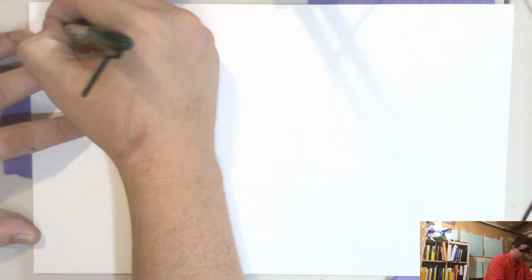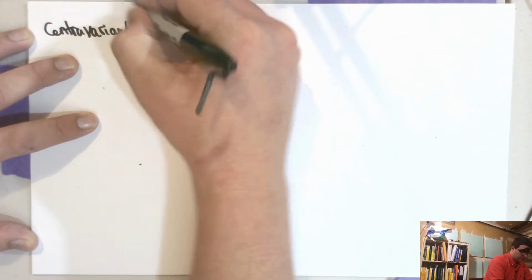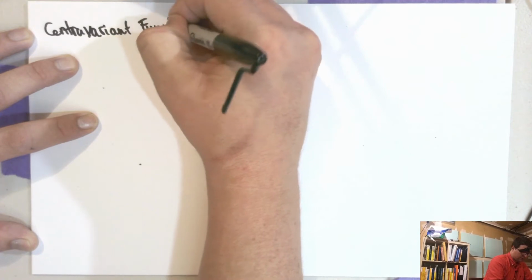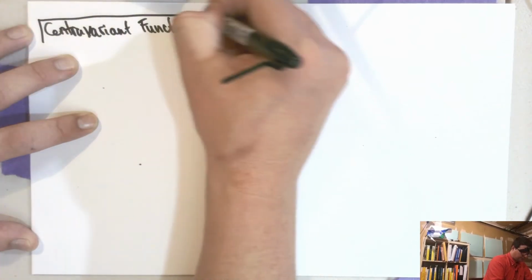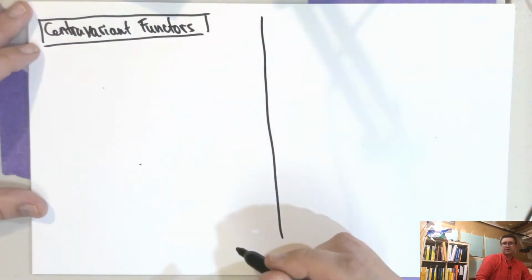Okay, so contravariant functors. A contravariant functor is a functor from the opposite category.